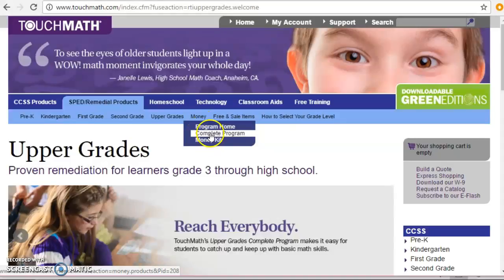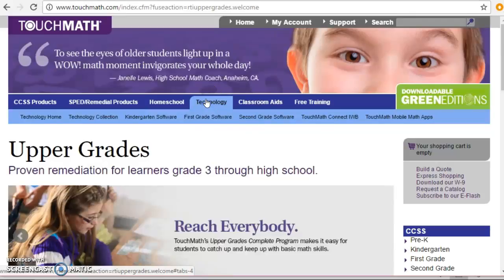We have a complete money kit, and these programs that are all set up for teachers to use, as well as technology with apps. There's a free app, and there's also a $3.99 app. So if you want to allow your students to get involved with that or work at home, I would suggest this mobile math app.